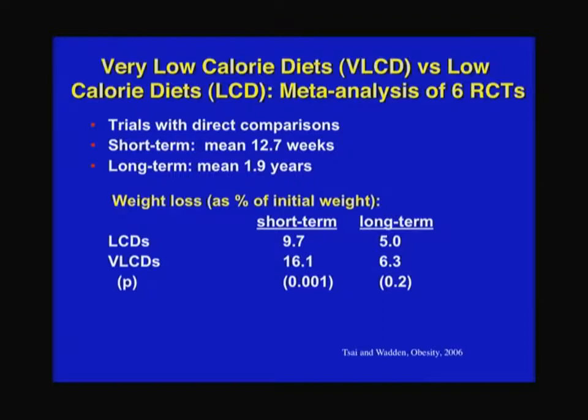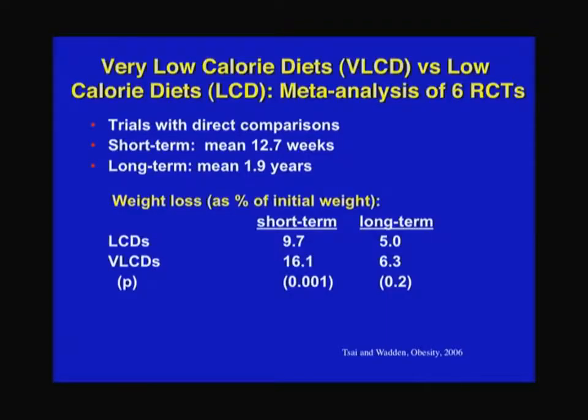But if a regular diet is about 7%, 8% of your weight loss initially, and the very low-calorie diet is double, about 15%, surgery is about double again, about 30%. But with surgery, bad things happen to some people, and some people don't want to have surgery. So we see this as an intermediate option for high-risk patients who, for whatever reason, don't want to have surgery. And like I said, we often use it before the surgery as well.